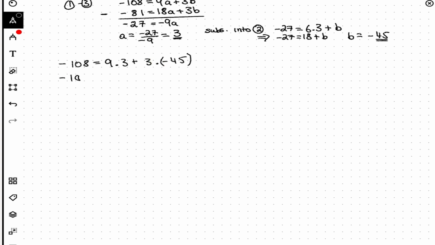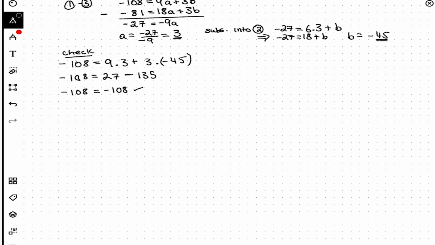Minus 108 would equal 27 minus 135, and 27 minus 135 is minus 108. So that is correct and shows that I've got the correct answers here.